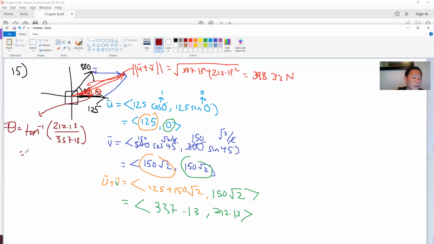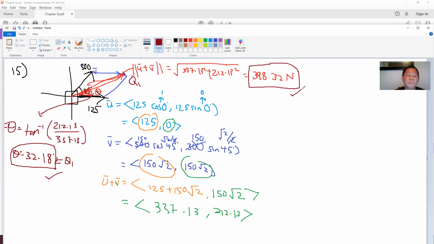So this will be 32.18 degrees. And the good news is this is in quadrant 1, because the 45 degrees is in quadrant 1 here, and this is also in quadrant 1. That means you do not need to add 180 or 360 to it. This is your direction, and this is your magnitude for this question.